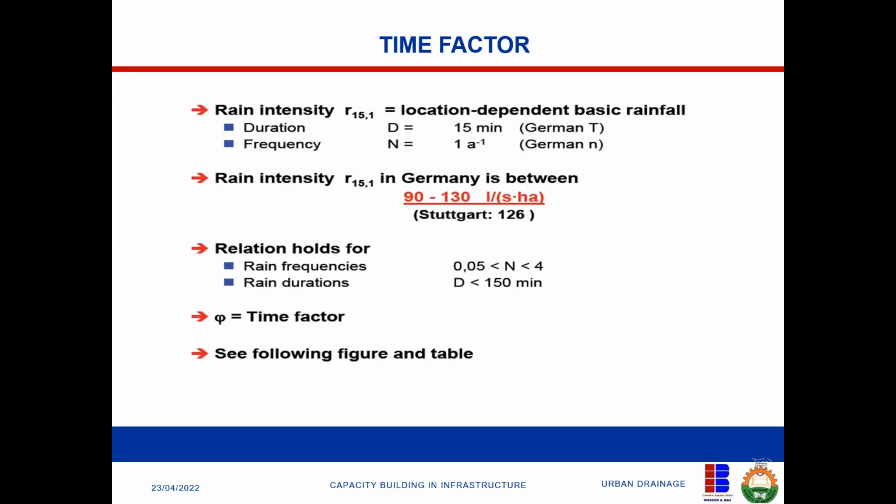Higher values mean that the rain will fall once in 5 years. If we say 10 years, it means the maximum rain that will fall once in 10 years. So this one means 1 in 1 year. It's a normal rain. It means within a year, that magnitude of rain must take place.